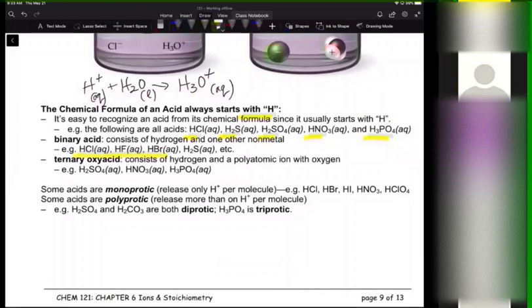H2S is also an acid. And then we get to the ternary oxyacids. That just means that there are three elements, and one of them is oxygen. That's not really the important part, though. The important part are these ions here. Do you recognize your polyatomic ions?